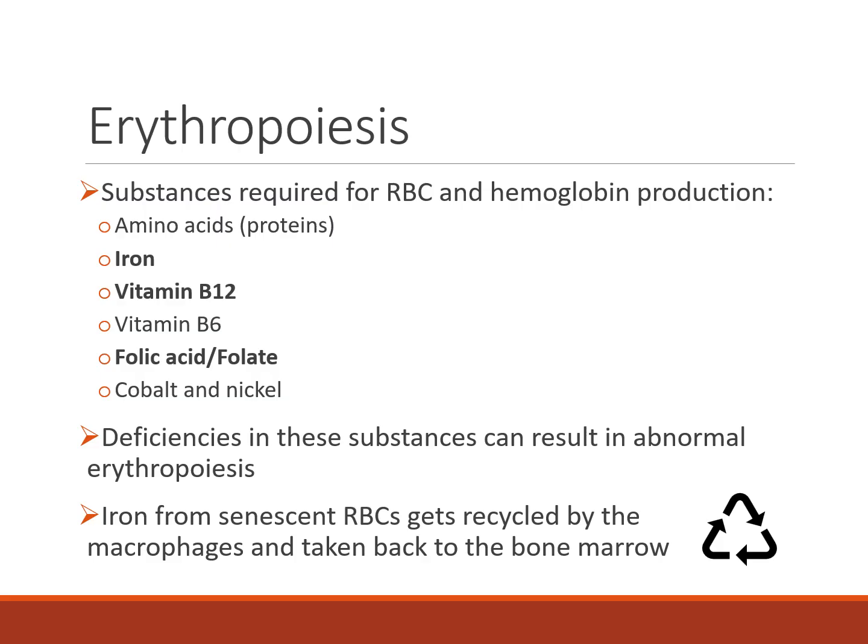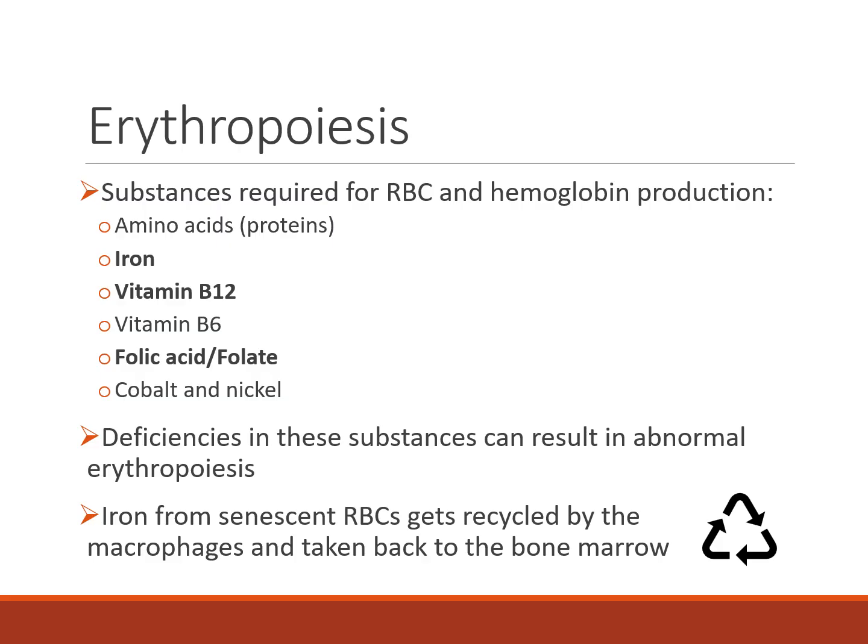Substances required for red blood cell and hemoglobin production. So again, we need the building blocks to efficiently perform erythropoiesis. So amino acids, which are used as building blocks for proteins in our globin chains, iron, B12. Now let's remember B12, vitamin B6, and folic acid and folate are all imperative for DNA synthesis.